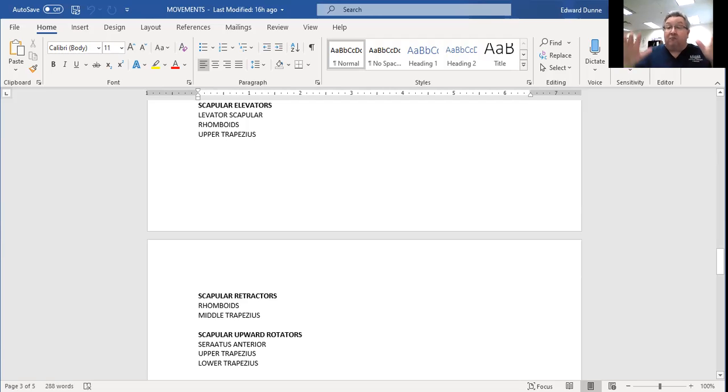The rhomboids bring the scapula backwards in retraction, my apologies. Okay? And the lower trapezius. Again, the lower trapezius doesn't make sense, but when they work together, and I'm going to show you in kinesiology how they work together, they perform scapular elevation.